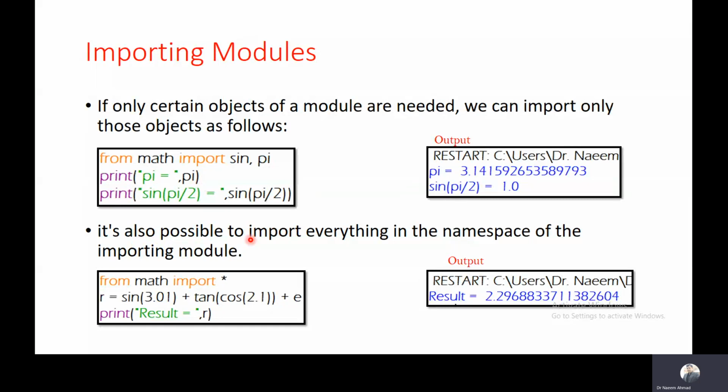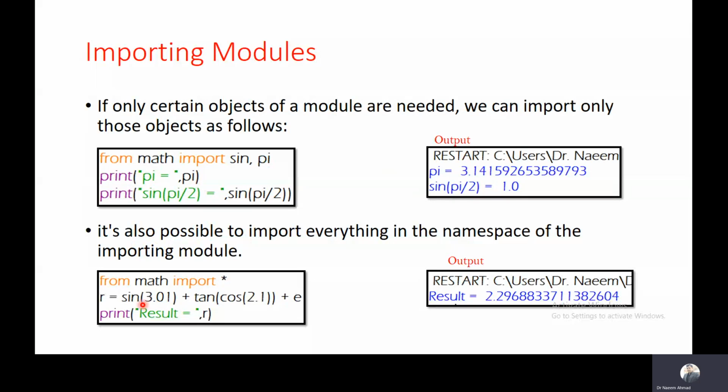And if you want to use all objects of that module in your program, wherever required, you can also use the syntax from module import, and you keep the star operator. Star means all objects of that module.